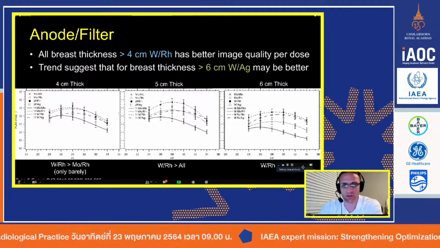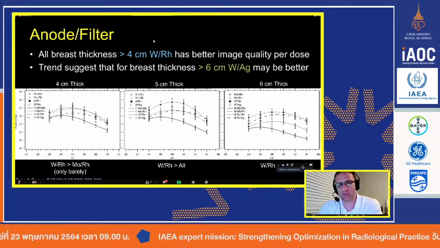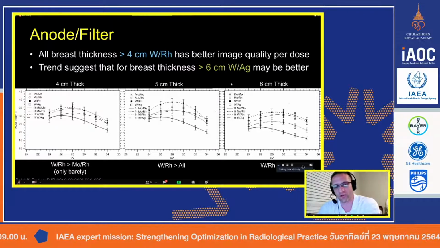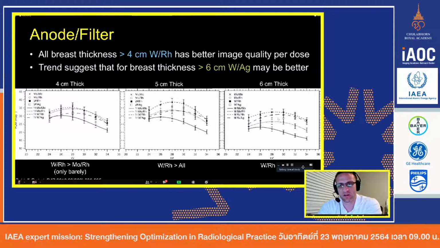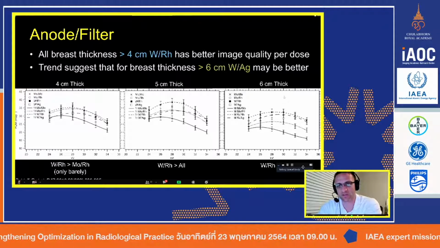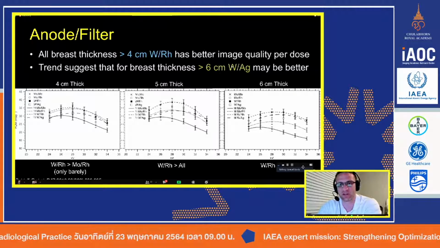Moly rhodium is the best you can do, so I'd use it. If you have the option for tungsten rhodium and tungsten silver, then when you're setting up your protocols for your thicker compressed breasts, you may consider using tungsten silver once you get beyond 6 centimeters.